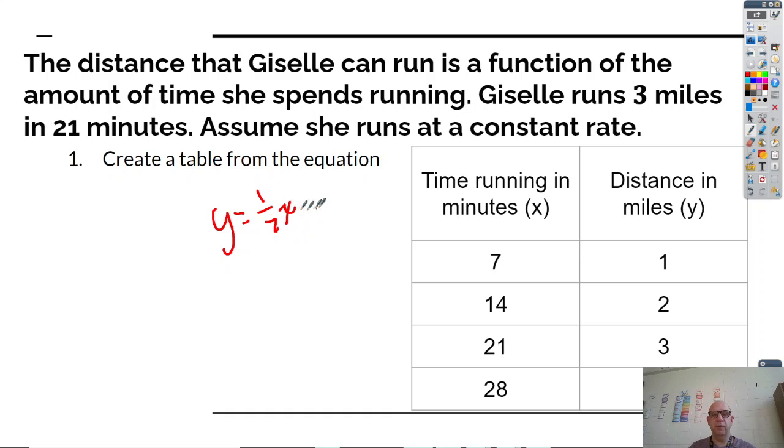And I just basically did it backwards and said, if I put a 7, I'll get 7 times 1/7 is 1. I'll put a 14. 14 divided by 7 is 2. So I just put multiples of 7 in my x because I knew that would give me nice whole numbers coming out for y.